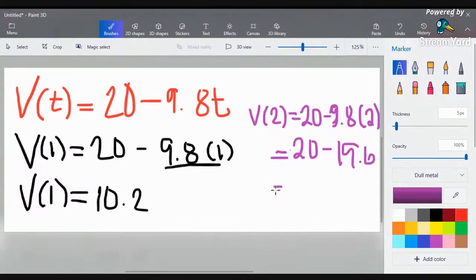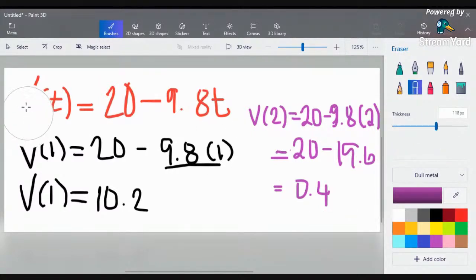And therefore, the velocity after 2 seconds will be 0.4. Okay, so that will be the velocity after 2 seconds. Okay, let's proceed to exercise 2.